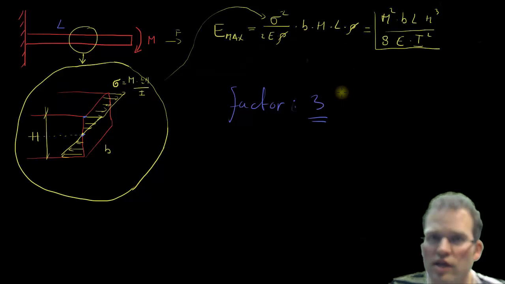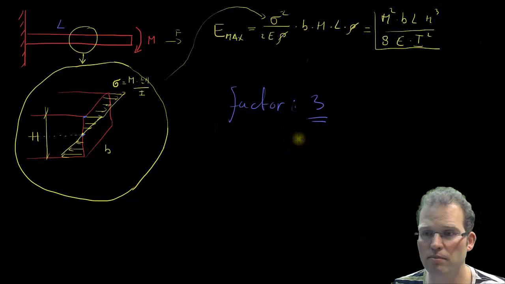You can store only 1/3 of the energy in a bending bar, stretched at the outer surface to the limit, than when stretched to the limit, because then all the material is joining into the energy storing. So we have a factor of 3 in bending.